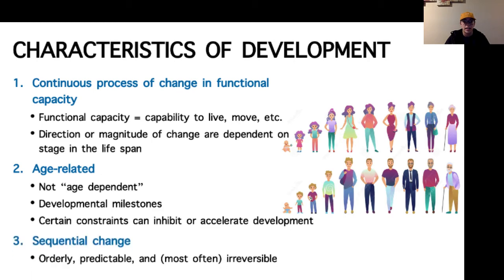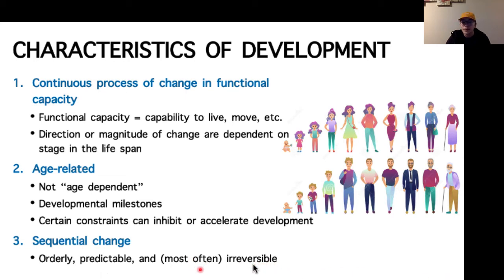The last thing is that development is sequential. So even though development is an individual process, the order in which we typically see patterns or changes in development, changes in types of movement, are usually orderly, predictable, and usually they're irreversible.